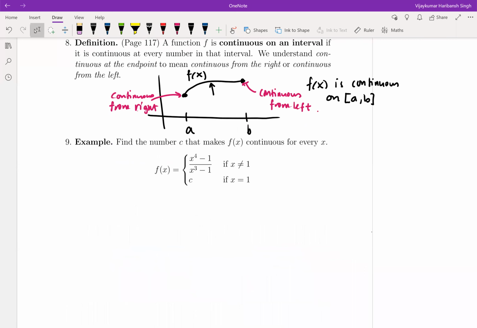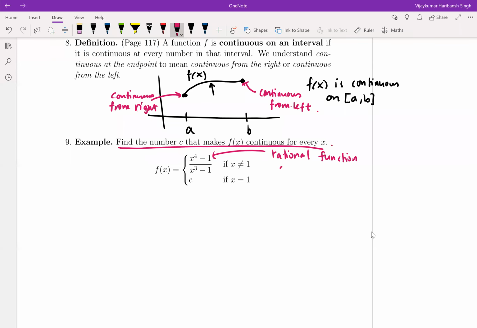Find the number c that makes f of x continuous for every x. Now, if x is not 1, then this function is rational. So the only problem of discontinuity is at x equals 1.